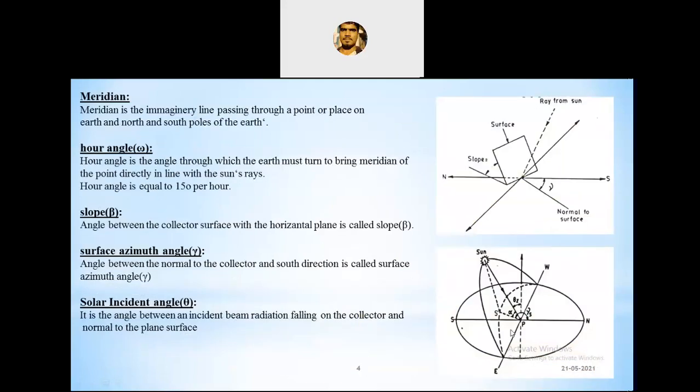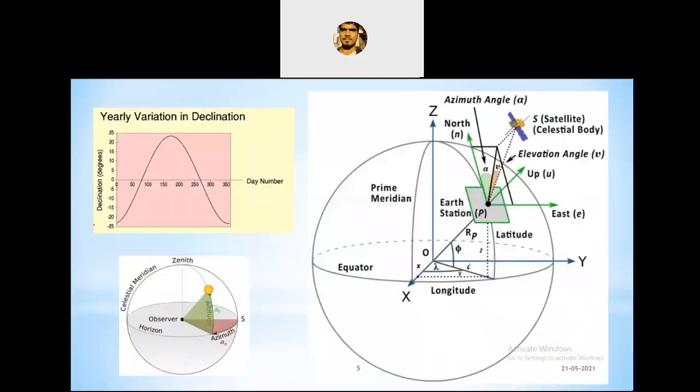In this picture you can see the equator line. Declination is the angular distance of the sun rays, north or south of the equator.